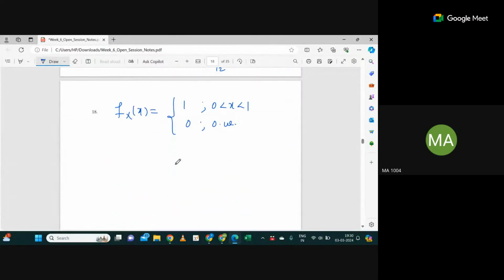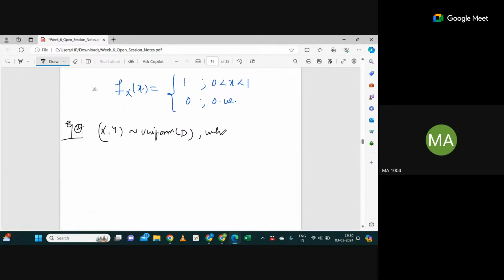In case uniform is given to you, suppose I'm saying (X, Y) is defined as uniform on D, where D is nothing but, let's say, 0 to 1 times 1 to 2, union 1 to 2 times 0 to 1, then union 2 to 3 times 0 to 2.